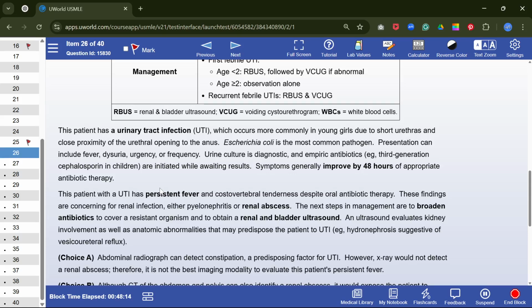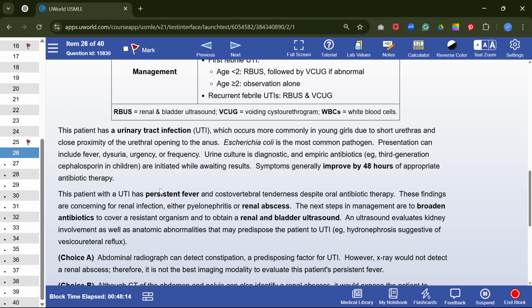Presentation can include fever, dysuria, urgency, frequency. Urine culture is diagnostic. An empiric antibiotic, a third generation cephalosporin in children, is initiated while awaiting results. Symptoms generally improve within 48 hours of appropriate antibiotic therapy.